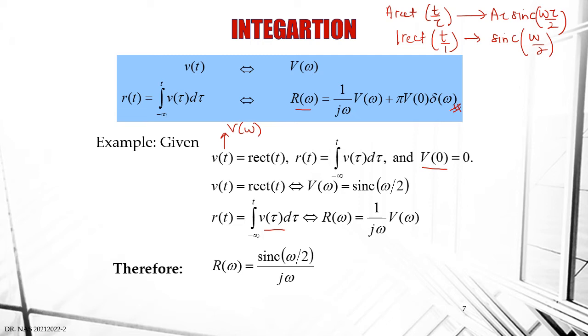In this case, just replace the equation with V(0) equal to 0, so this term is 0. So your R(ω) equals 1 over jω multiplied by V(ω). What is your V(ω)? It is from the rectangular function. So the output of the integration for r(t) is R(ω) equal to this equation.